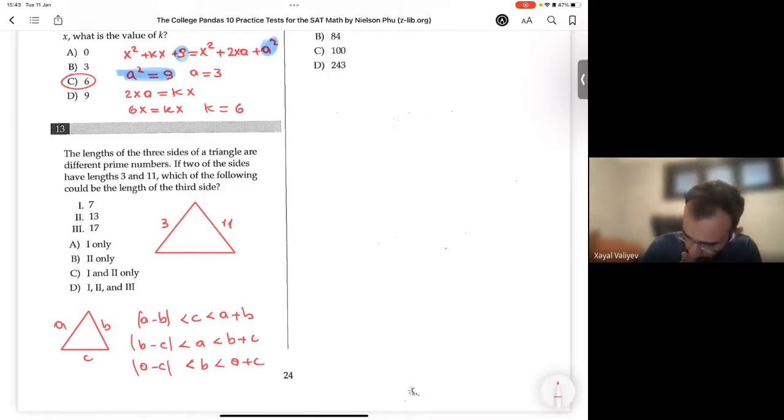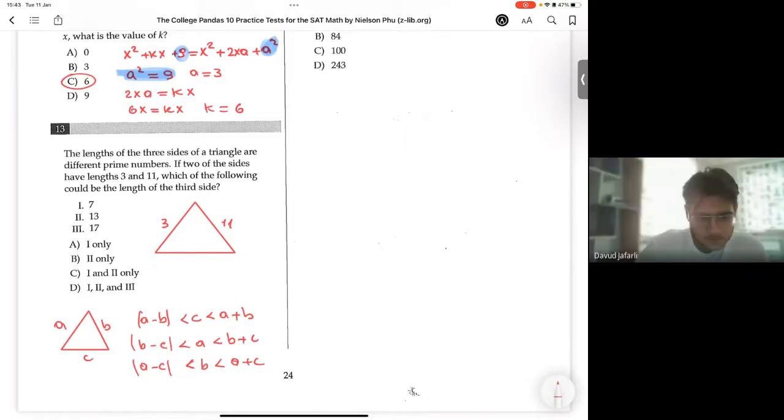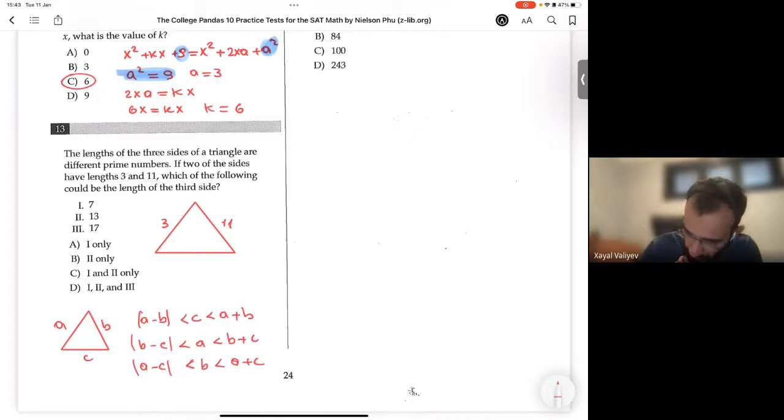Let me take the third side as x. Then x is greater than 11 minus 3, but less than 11 plus 3.